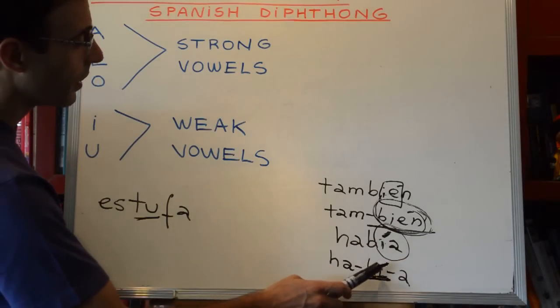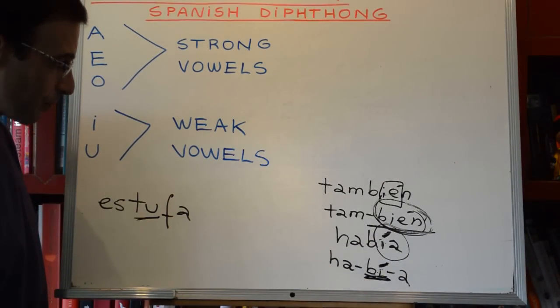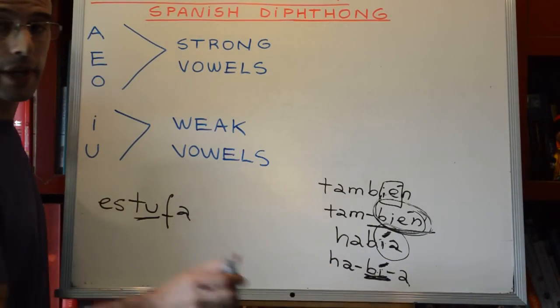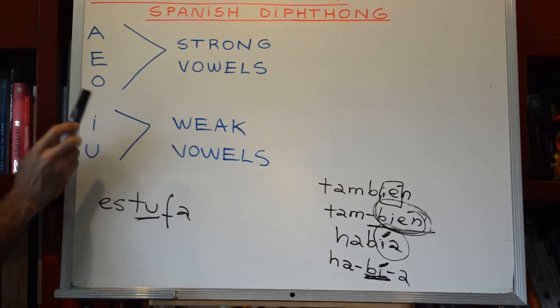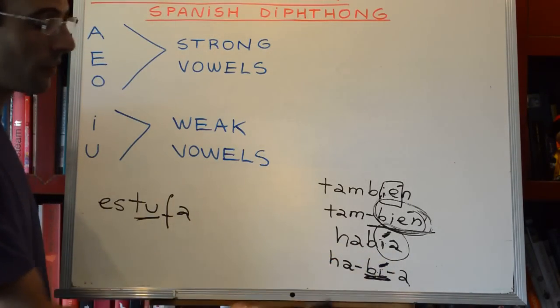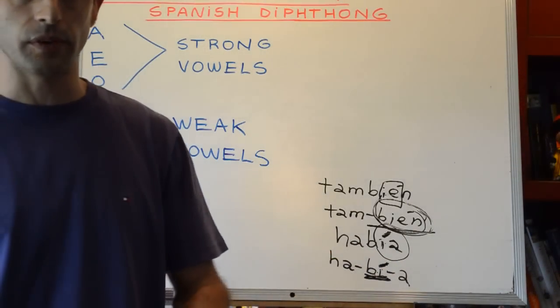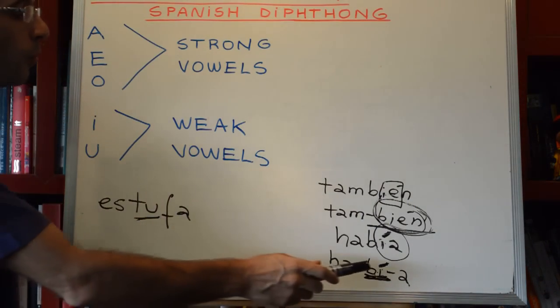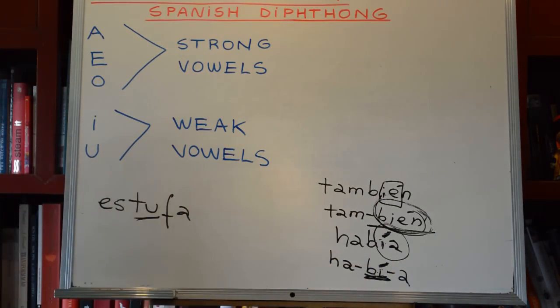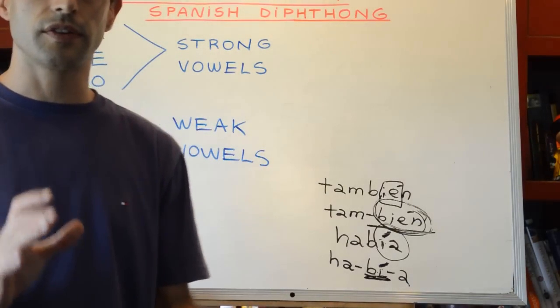Therefore, these two are separated in different syllables. So remember again, I is a weak vowel. However, it becomes strong because it's carrying here the strength or the stressing of the word, right? Había. Let me give you more examples so you can understand this concept well.